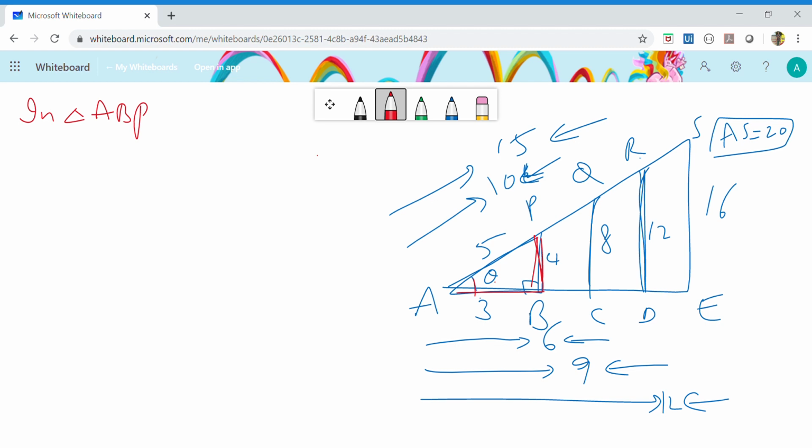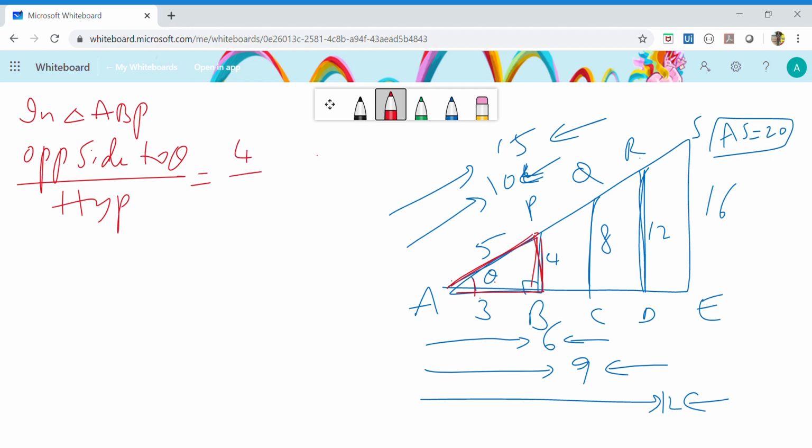So opposite side to theta is BP. I will first take the theta by hypotenuse relation. Hypotenuse is this one, AP. Opposite side is 4 by hypotenuse is 5. 4 by 5 in triangle ABP.